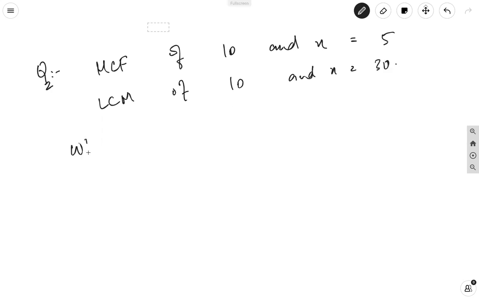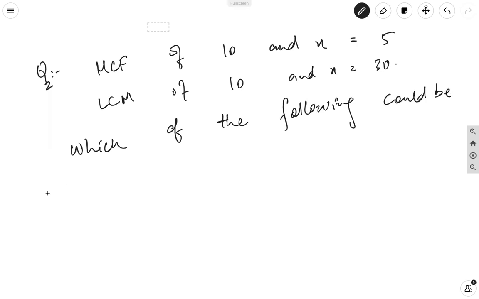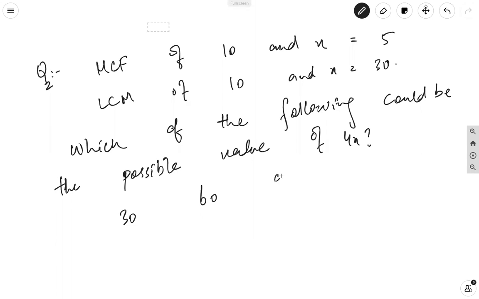The question is saying which of the following could be the possible value of 4x. I repeat the question. HCF of 10 and x is 5. LCM of 10 and x is 30. Which of the following could be the possible value of 4x? The options are 30, 60, 90, 120, and 240.